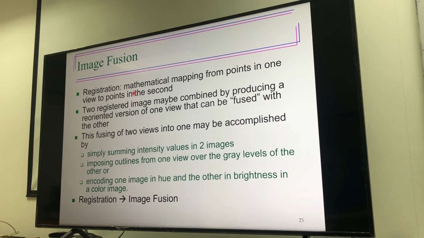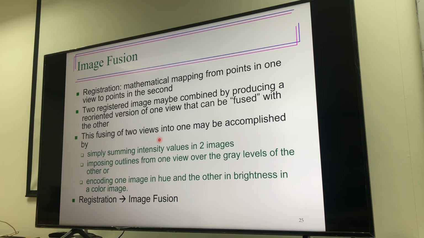There are many ways to do registration. Registration means mathematical mapping of points in one view to the second one. Two registered images may be combined. After you have registered the images, you can combine the information from one to the other. If you combine them, we call it image fusion.